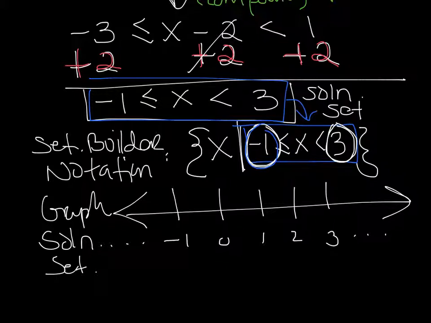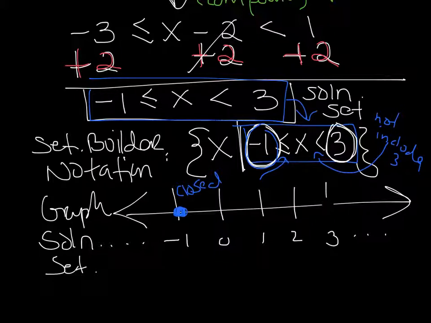notice this guy has that including symbol, so I know that that's going to be a closed circle. But this guy is not including the 3. So this is going to be an open circle. Let me erase that just so you can see that a little clearer.